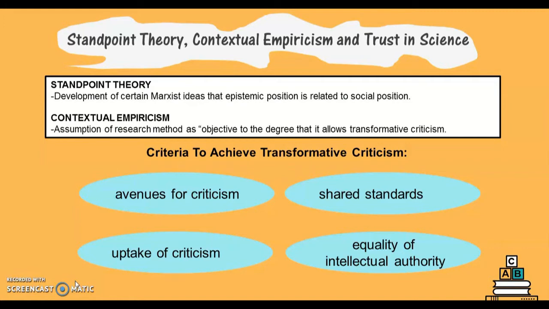Second, shared standards. The community must share cognitive values to evaluate theories. Third, uptake of criticism. Criticism helps to transform scientific practices on the long run. Last one is equality of intellectual mastery. Intellectual mastery must be shared equally among the community.